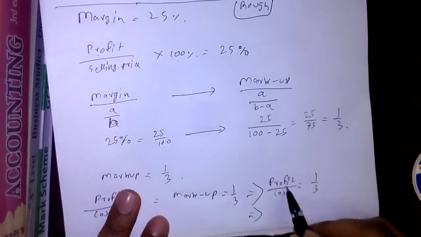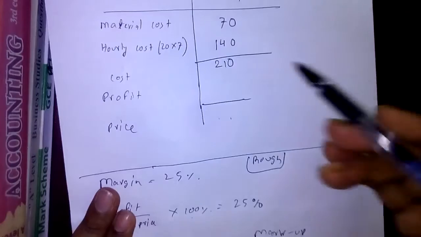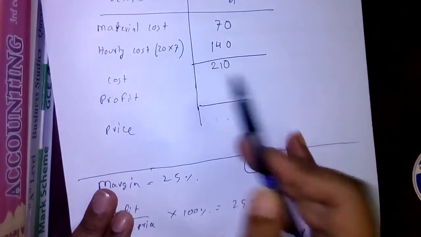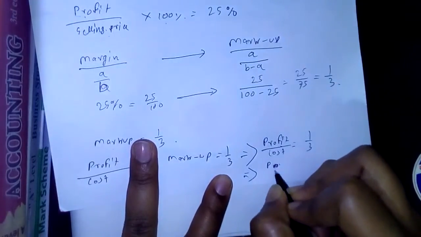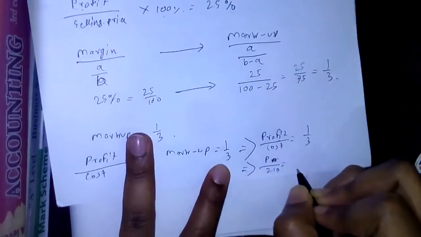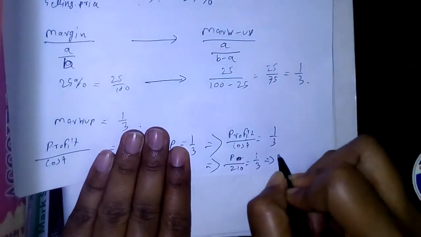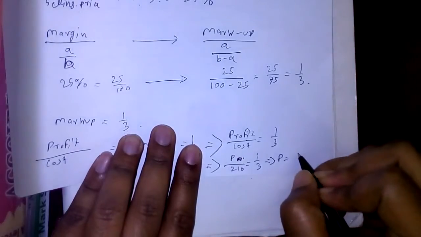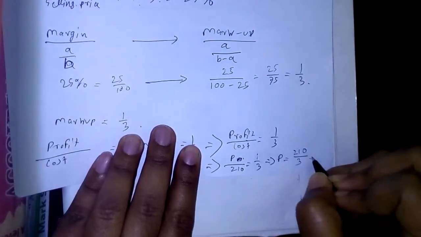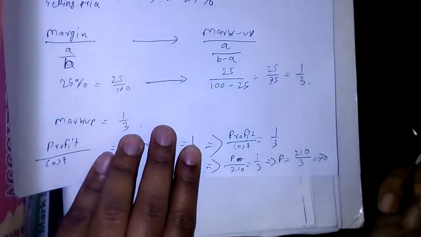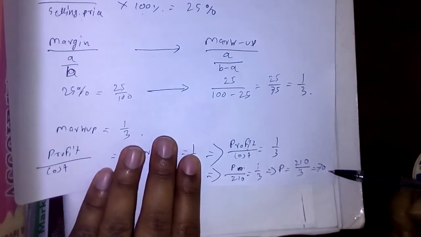So we don't know the profit, but we do know the cost, because we already know that the cost of doing this particular job is 210. So we can write profit, or in short, P by 210 equals 1 by 3. Now if we crisscross this, 210 is going to be divided by 3, which is 70. It means to do this particular job, we're gonna make a profit of 70 pounds.